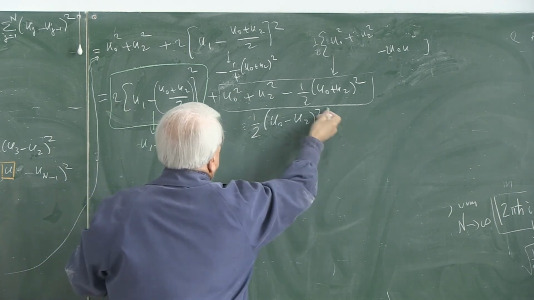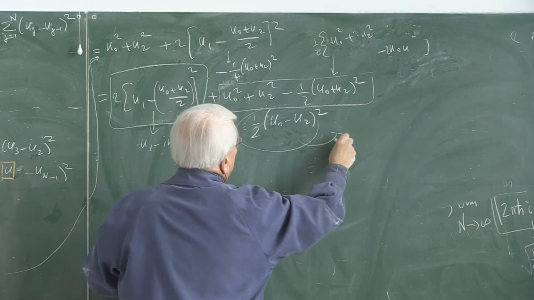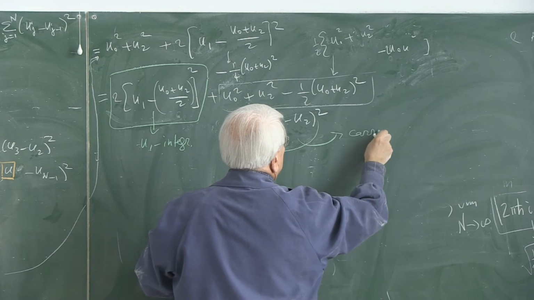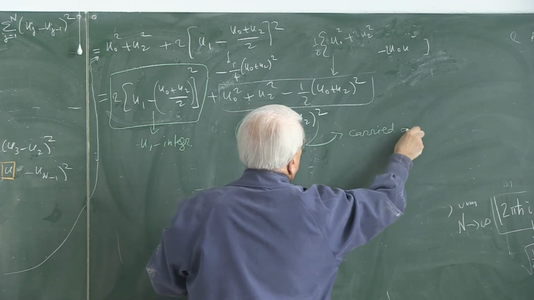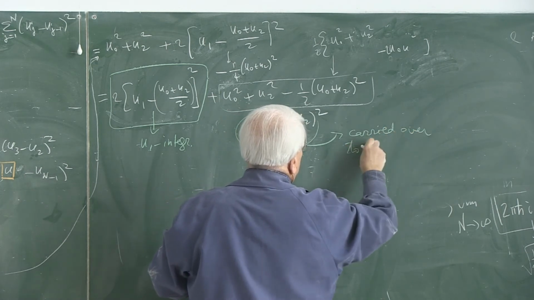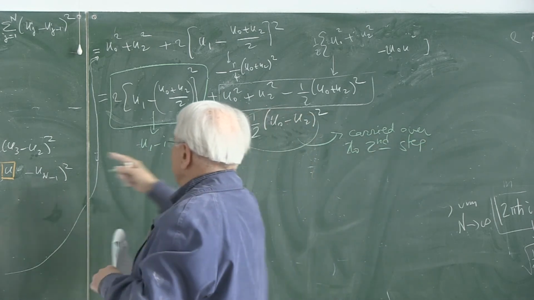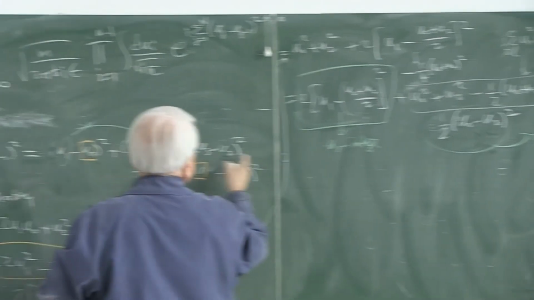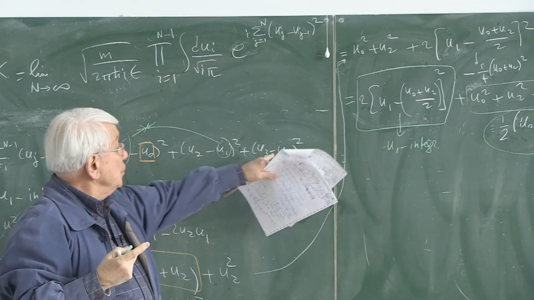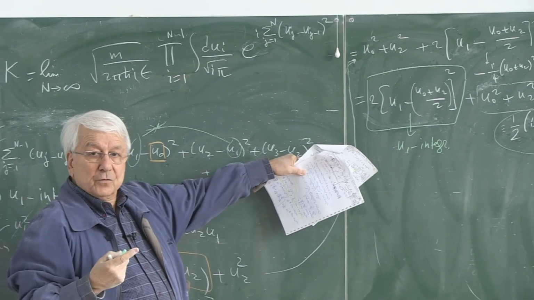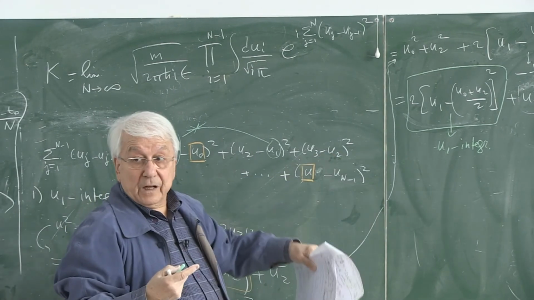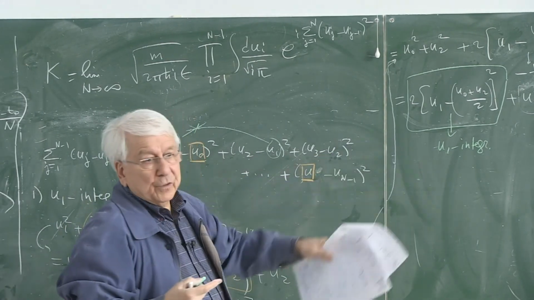This is going to be carried over to the second step. Isn't that nice? Second step means it will be associated with this one. It contains u2, and that's the only other one in this sequence which contains u2, that is. Okay, let me do it step by step.